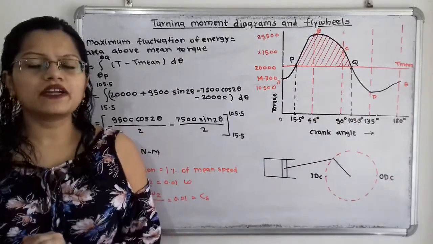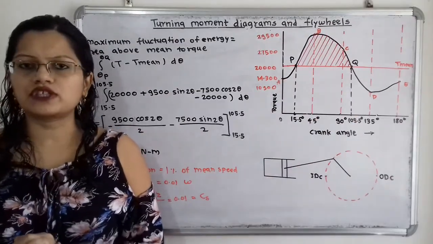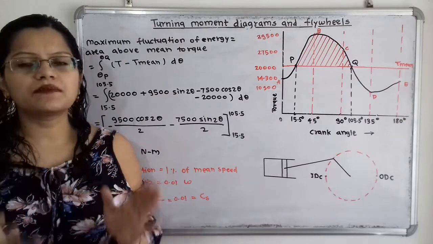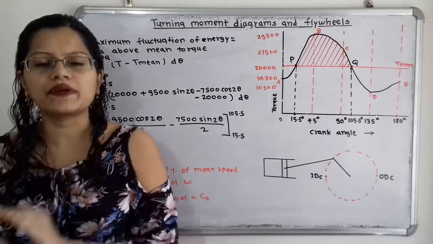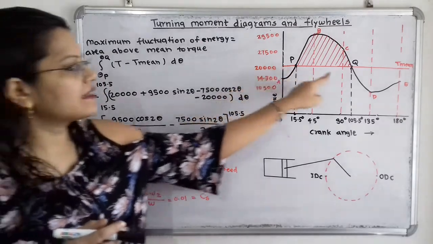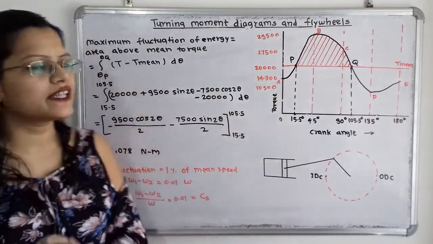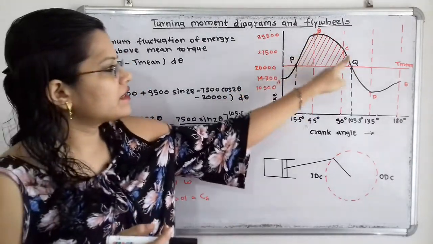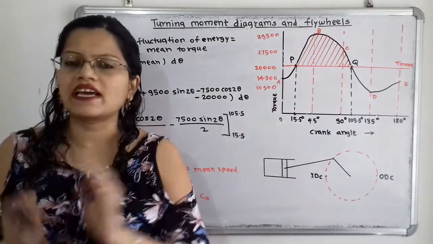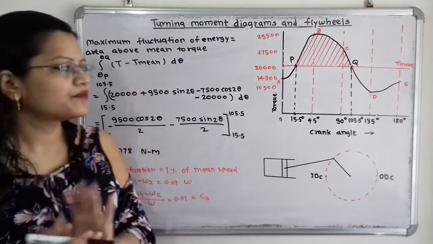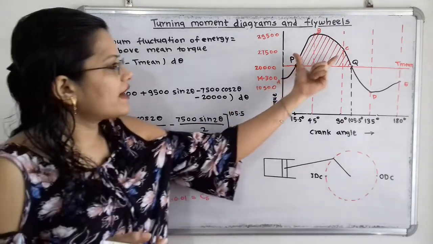Now we will find out the maximum fluctuation of energy. This maximum fluctuation of energy is the area above the mean torque. This is the line, the mean torque, and the area above the mean torque is what I have shown with the red marker on this curve. Now we have to find out this area.